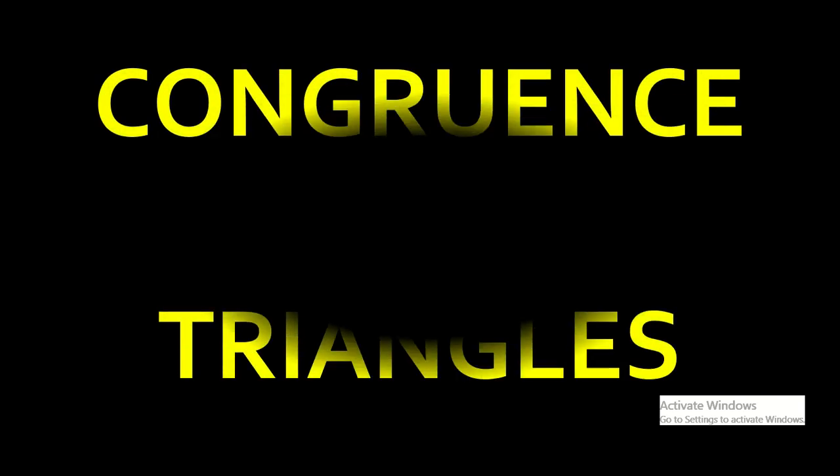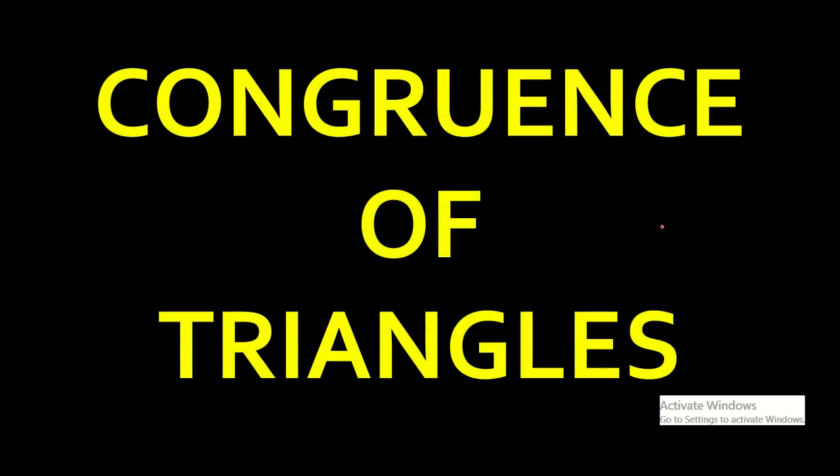In our last tutorial, we talked about the congruence of triangles and we also saw one of the criteria by which we can say two triangles are congruent, and that was the side angle side congruence criterion.